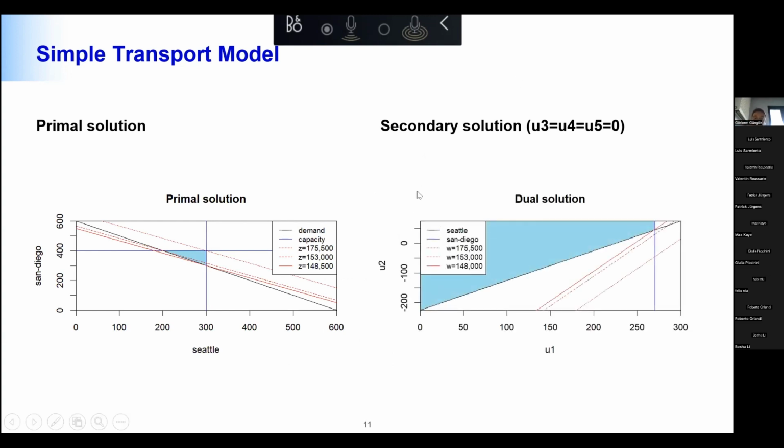And by that, we can also solve the secondary solution on a two-dimensional graph, where, giving the same cost values to the welfare, we can see that our welfare is maximized when U1 is 270.